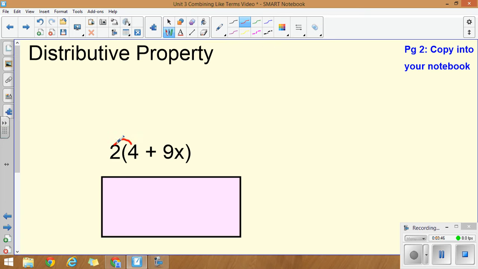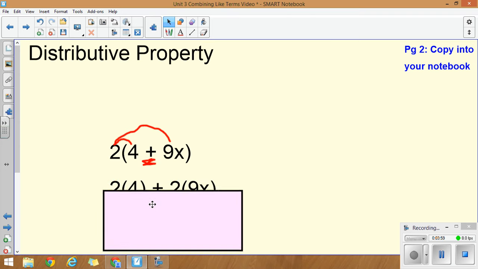And I'm going to take 2 and multiply it to 9x. The plus sign, we just copy that straight down. So what does that look like? 2 times 4 plus 2 times 9x. Remember, everything inside the parentheses gets multiplied by the number outside.